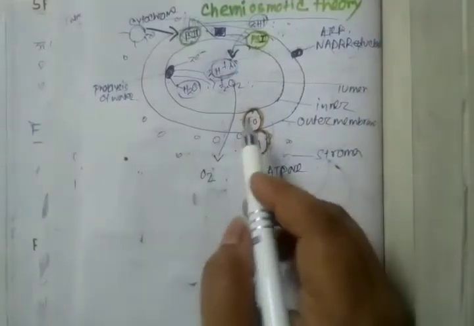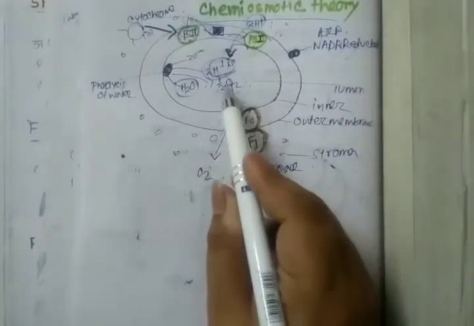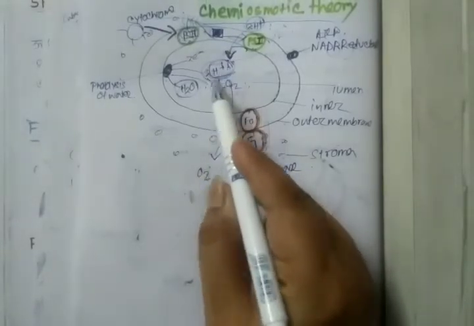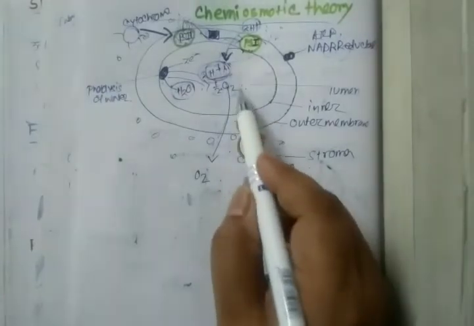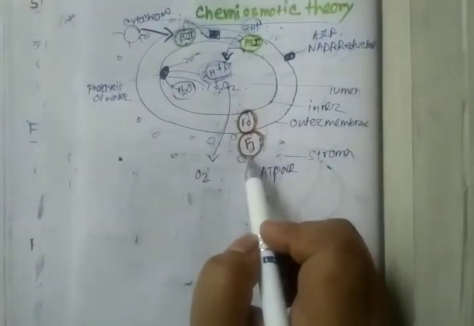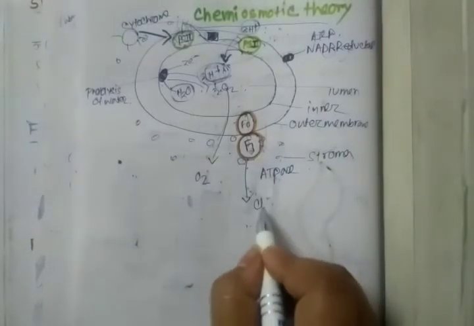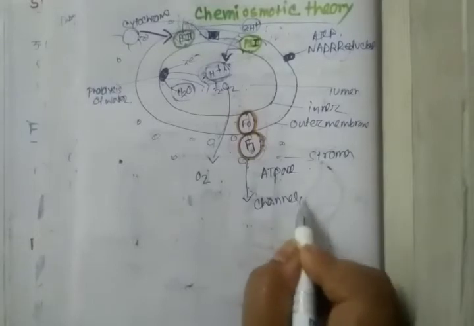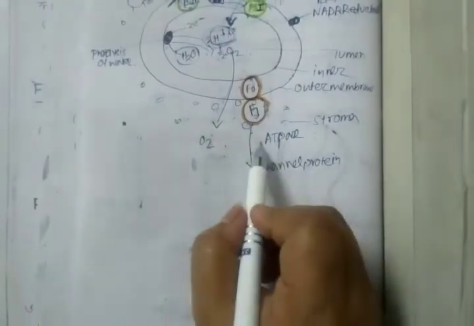The protons can come back into the stroma through this channel. The accumulation of protons which is taking place here, they come back only through the F0 and F1 particle. So the F0 F1 particle acts as a channel protein for the protons to move from the lumen to the stroma.